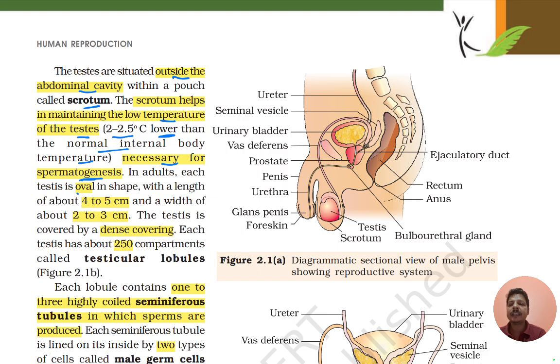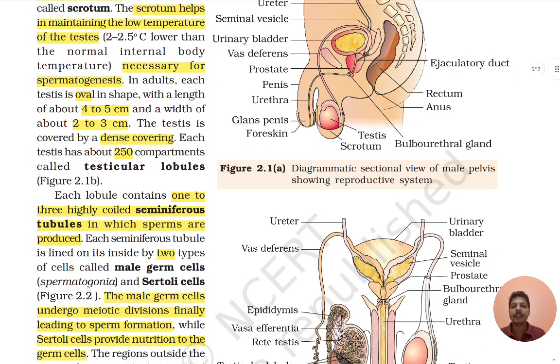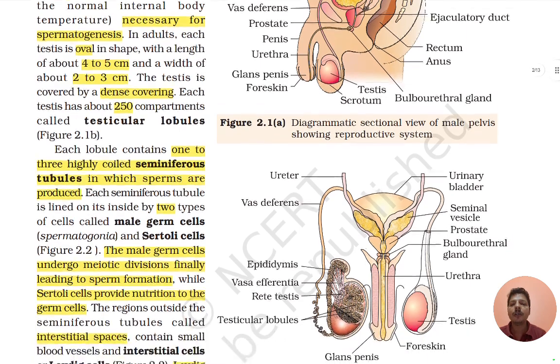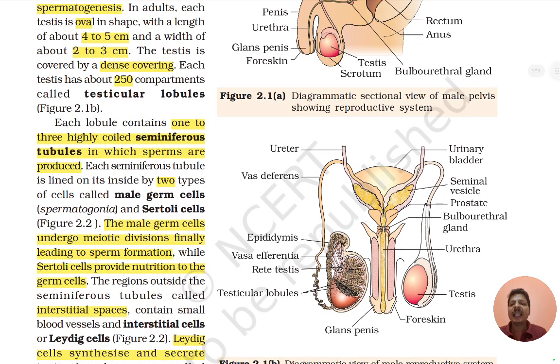In adults, the testis is oval in shape, 4 to 5 cm in length and about 2 to 3 cm in width. It is covered by a dense covering and each testis has about 250 compartments, called testicular lobules. Each lobule contains 1 to 3 highly coiled seminiferous tubules.